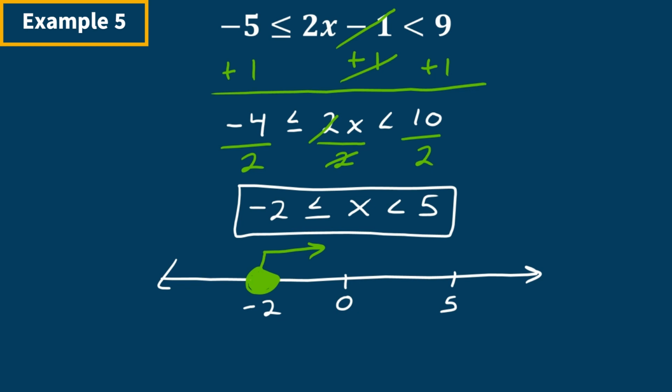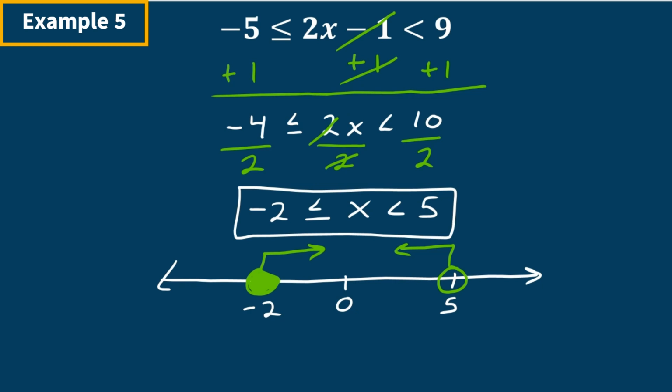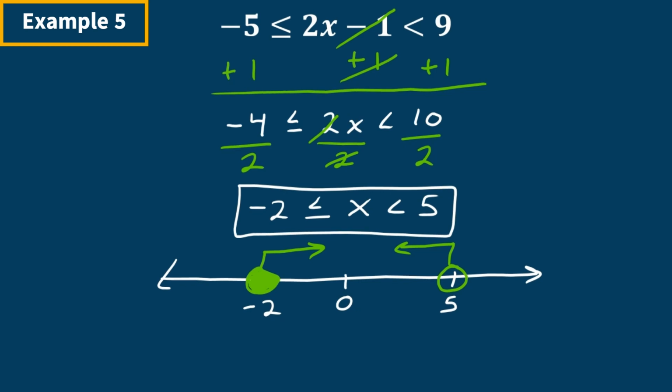Since there's no equal sign there, we're going to have to put an unshaded circle around the 5. And it's saying x is less than that number, so our arrow is going to go to the left. So as you can see here, our solution, if we want to visualize this, is going to be every number between negative 2 and 5. So it's going to be this whole shaded area. That right there is the number line solution to this problem.